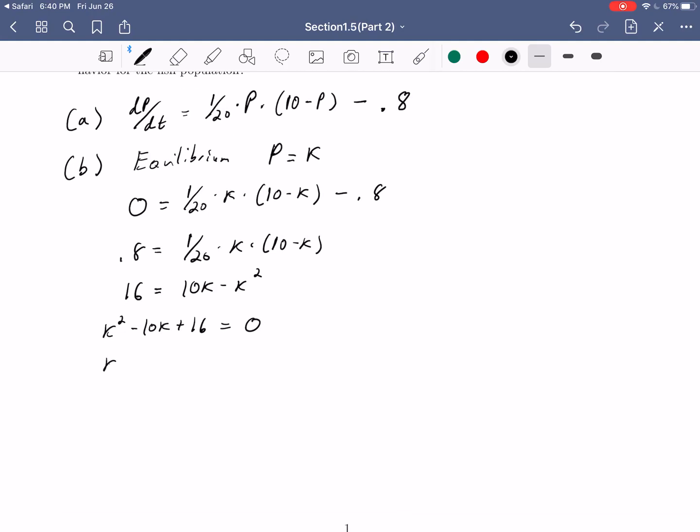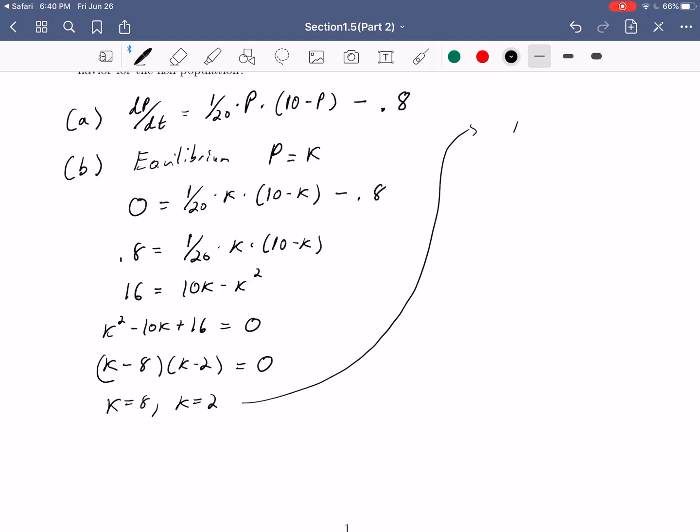And then it looks like we should get k minus 8 and k minus 2 equals 0. So we get k equals 8, k equals 2. So it looks like we've figured out 2 equilibrium. It would be P equals 8, P equals 2. So that would be 8,000 fish and 2,000 fish.